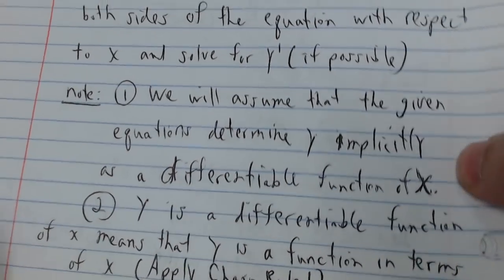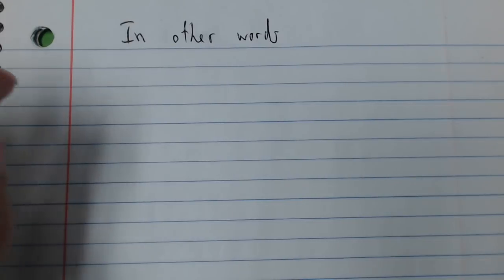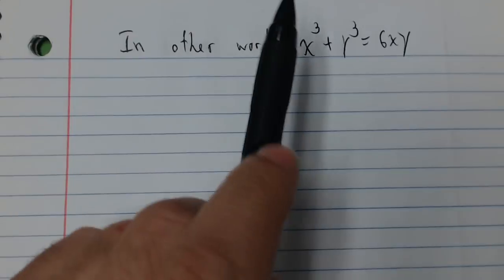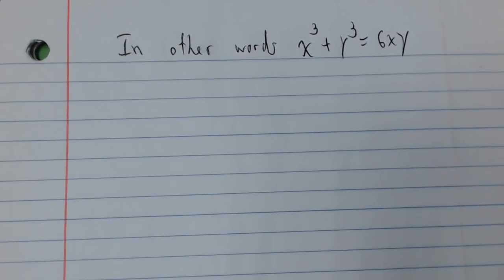So let's elaborate on this a little bit. When we're saying y is a differentiable function, this is what we mean. Let me give you an equation so you understand. If I give you something like this, which is what I gave you earlier, x cubed plus y cubed equals 6xy, what are we assuming? x is my independent variable. y is a function in terms of x that I don't know what it is.